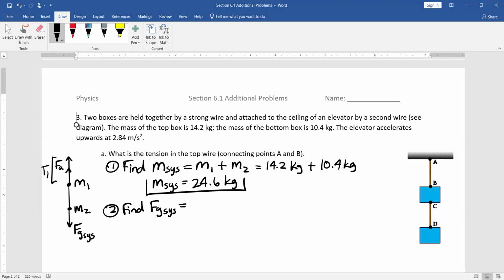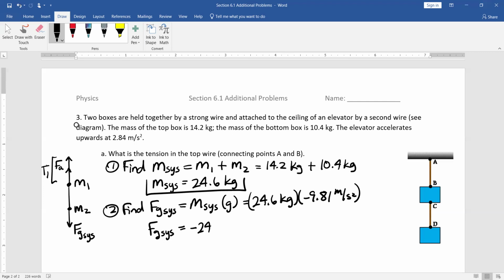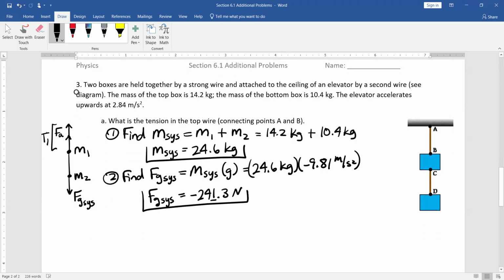That is the mass of the system times gravity: the 24.6 kilograms times negative 9.81 meters per second squared. So that means that the force of gravity on the system is equal to negative 241.3, there's my significant figure. All right, so I found that.